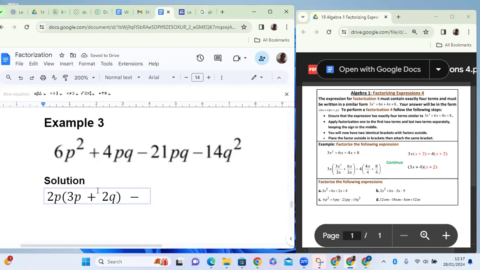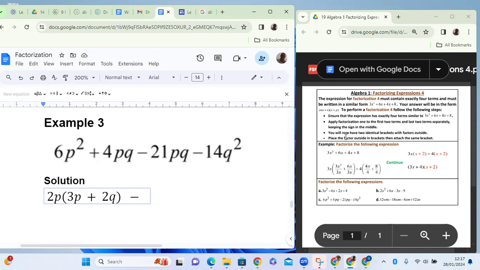So in the end, 6p squared divided by 2p is 3p, and 4pq divided by 2p is 2q. The p cancelled out.